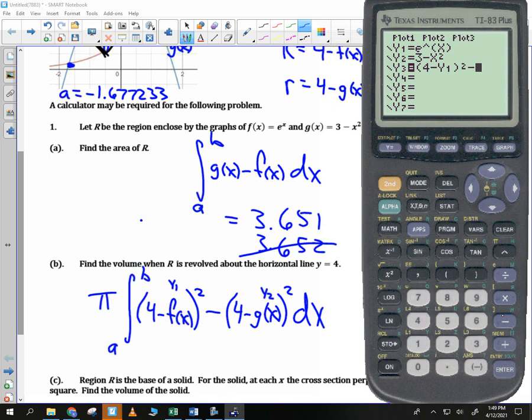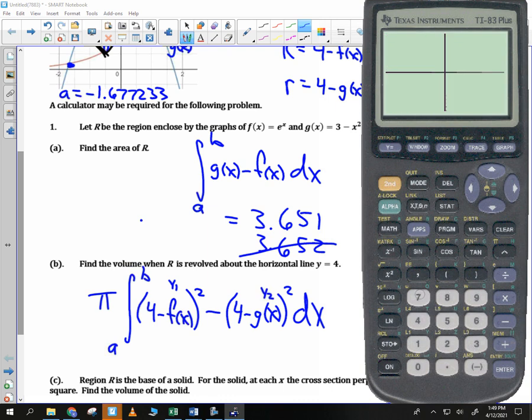And then 4 minus y2. That's my function. I want to evaluate it from A to B.